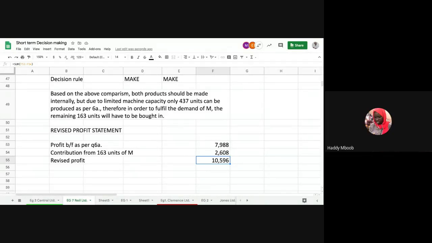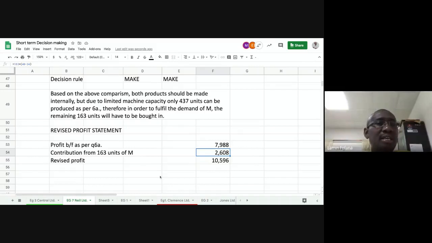I'm sorry, Mr. Fofana. Yes. Can you please come back to the contribution from 163 units of M? Okay, I have it here. The total contribution for the 163 units will be the contribution per unit multiplied by the 163 units. The contribution per unit will be the selling price of M, which will not change, whether you buy it or you make it inside.